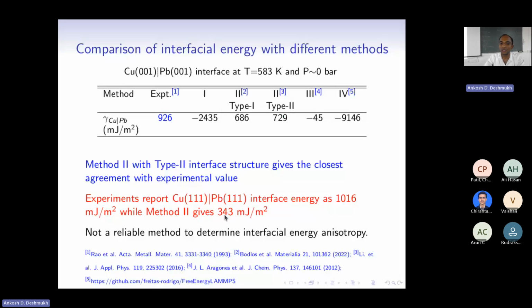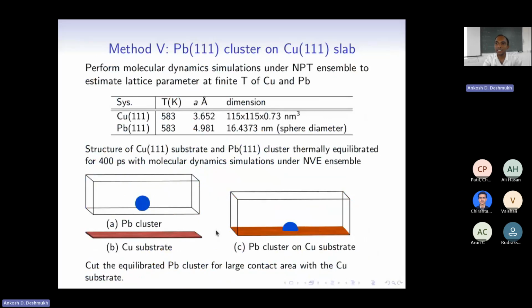Those values are almost in the same range, but it is much lower. So the methodology overall is not reliable to pick up the anisotropy in the interfacial energy for different orientations of this material. So we use another method.